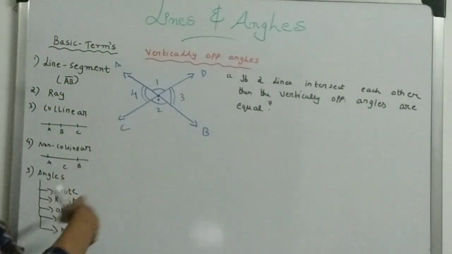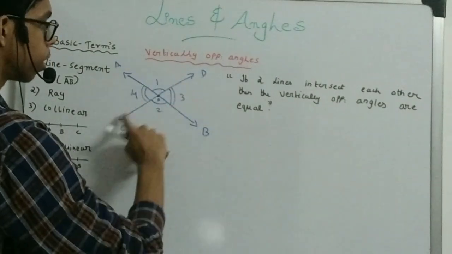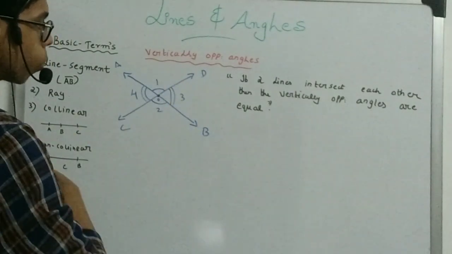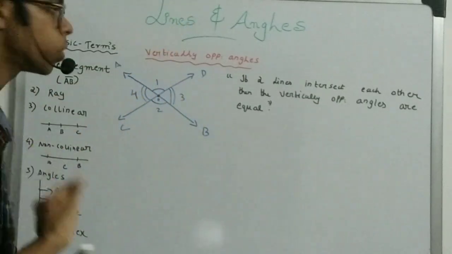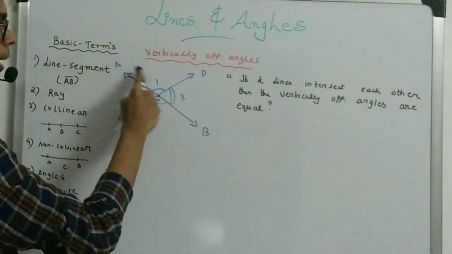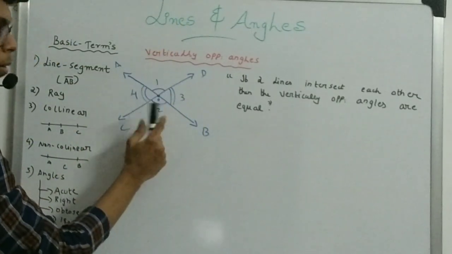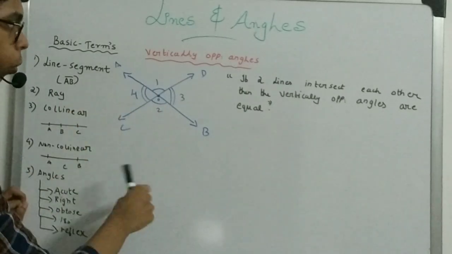It forms four different angles. Vertically opposite means they are just opposite to each other. So if you see over here, this angle 1 is just opposite to angle 2.